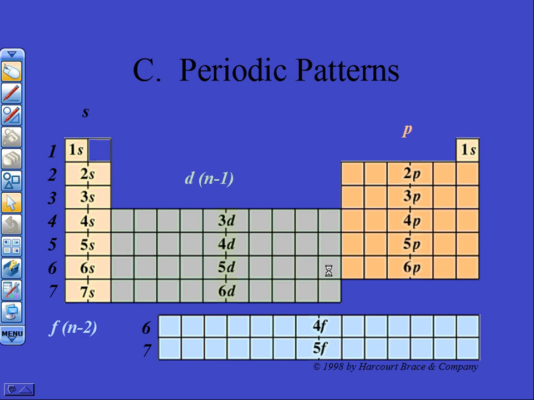Hope you have this written down, we're going to learn how to read from the periodic table. And the periodic table actually shows the skipping that's going to take place, because you're going to read it like this. You're going to go through 1s, then 2s, 2p, 3s, 3p, 4s, and then 3d.